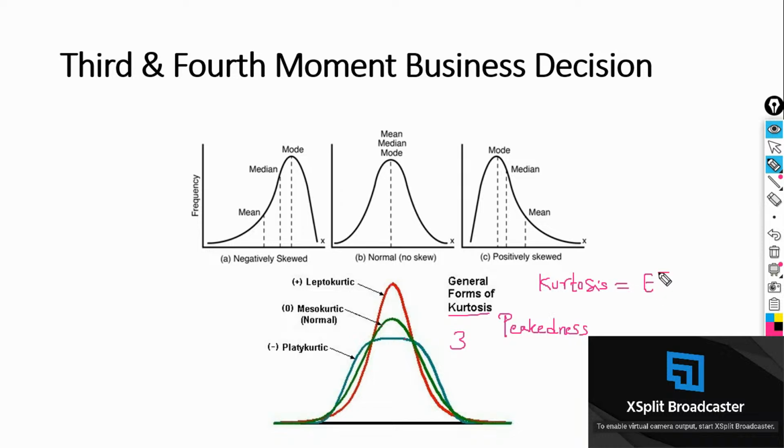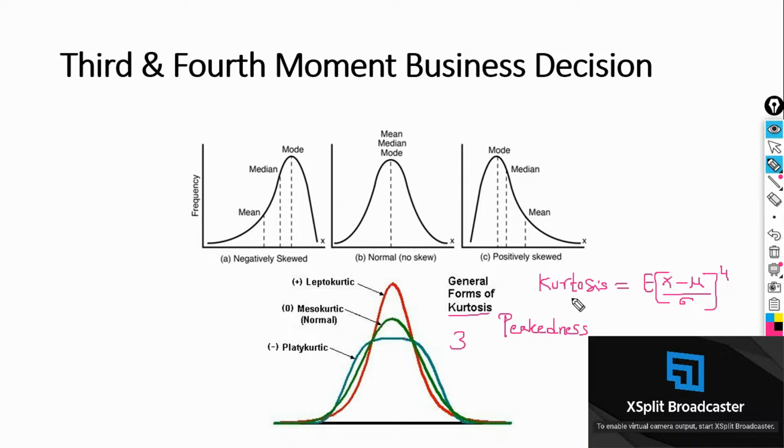It is expected value of x minus mu by sigma raised to the power 4. The same formula, if the power is 3, it is skewness. If the power is 4, it is nothing but kurtosis.